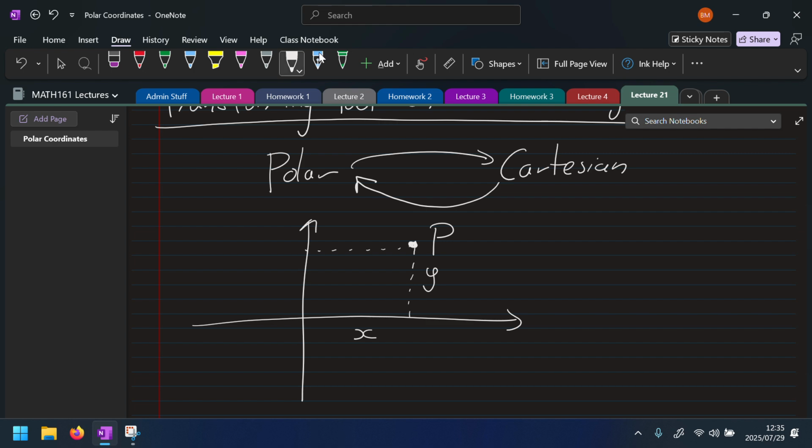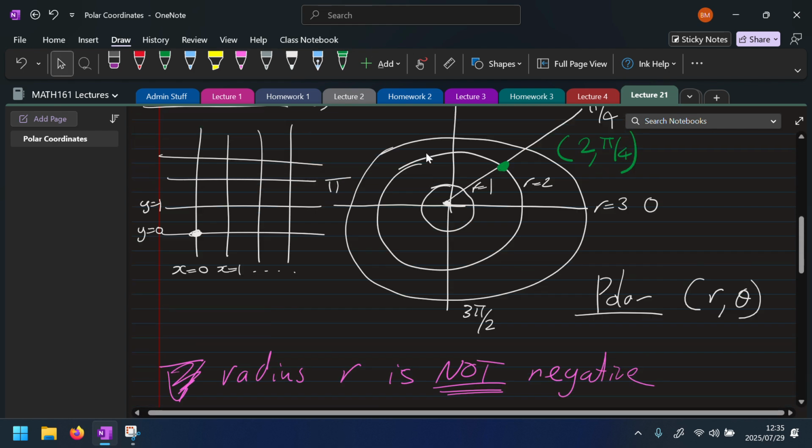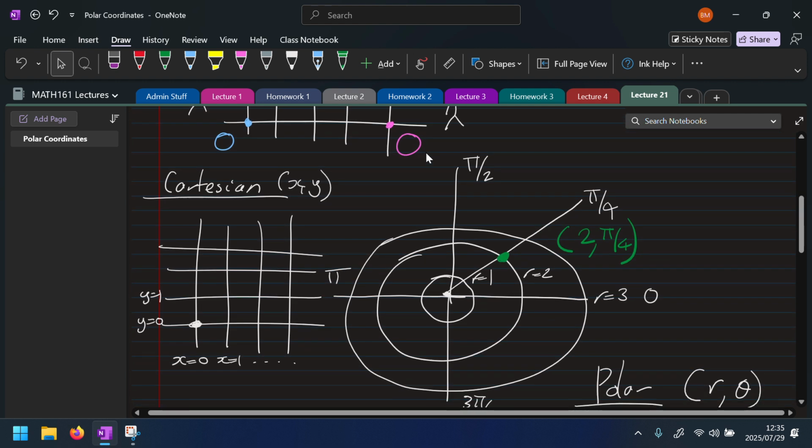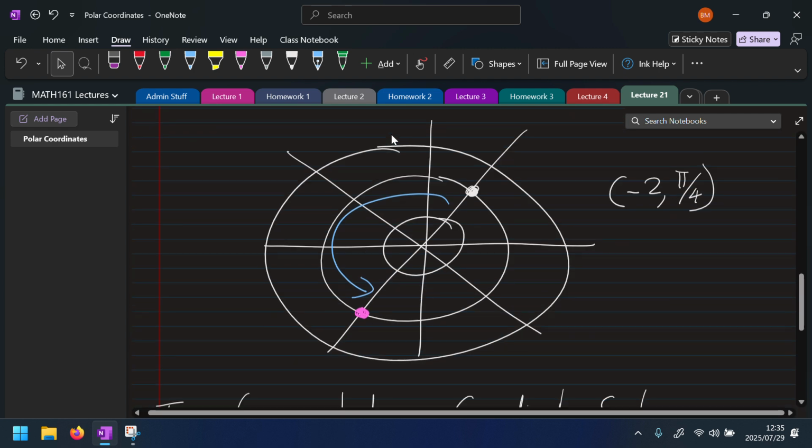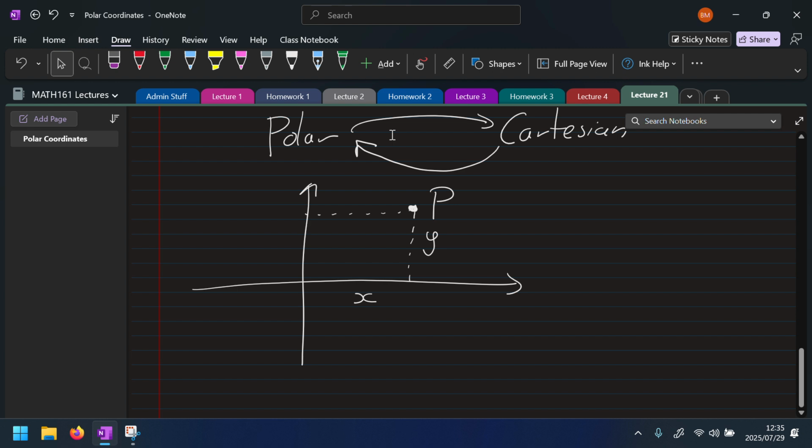What about polar? Let's go back to how we define polar coordinates over here. For polar coordinates, we have an origin, we have a horizontal axis, and then we have that radius going out to the point, like that green dot over there, which had a radius of 2 and an angle of pi over 4. We're going to do exactly the same thing here. So again, we start from the origin.